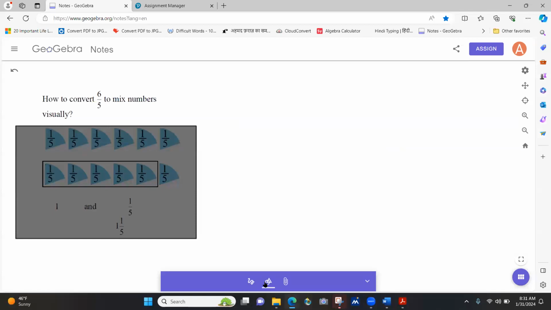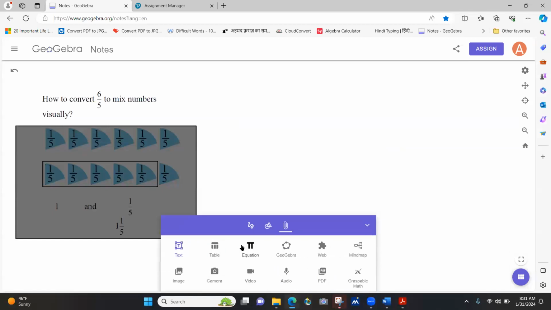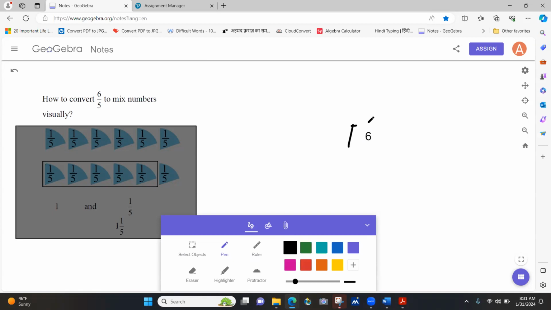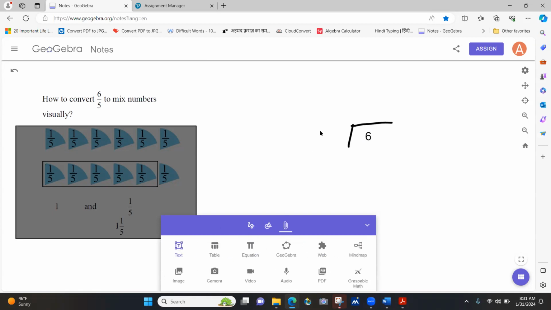We can say 6 divided by 5. So 5 goes into 6 once, and 5 times 1 is 5.